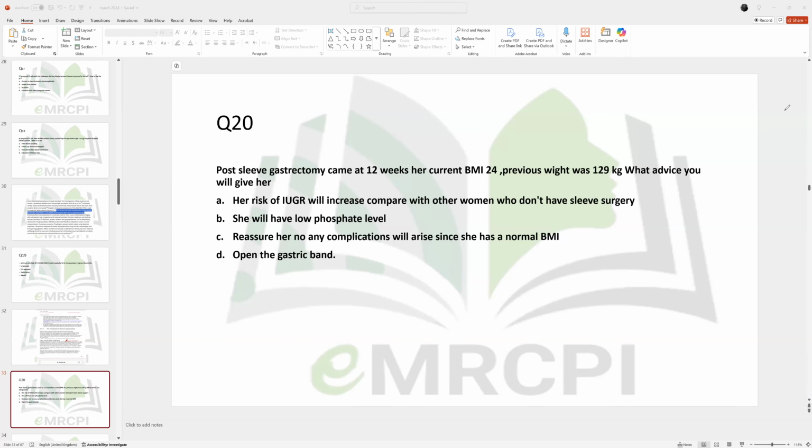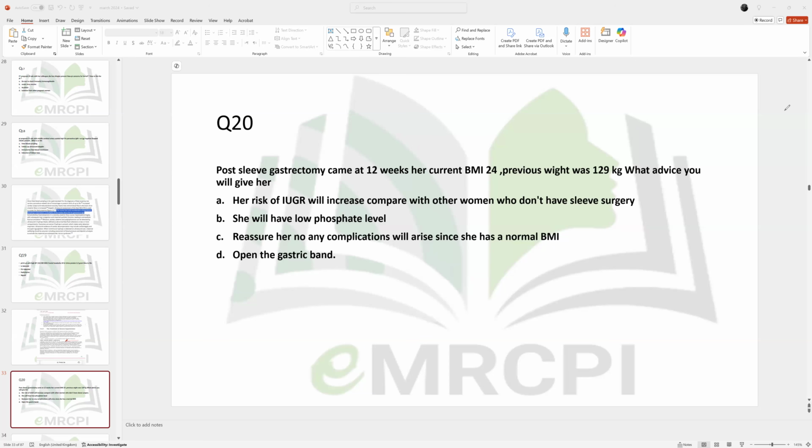So it's good that you do have a common ground base between the MRCOG and the MRCPI. But of course, there are some differences, and the differences come from the Irish guideline. If our friends, the Irish people, have their own guideline, and you want to attend their exam, then it makes sense that you follow them, right?